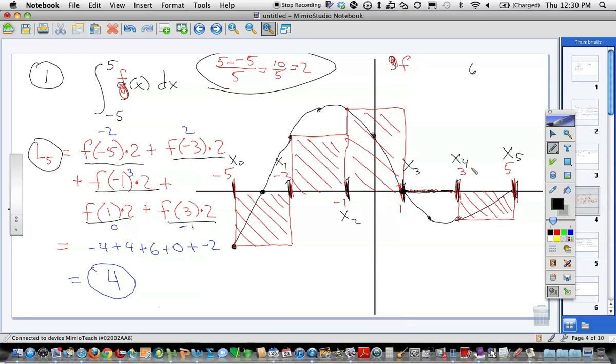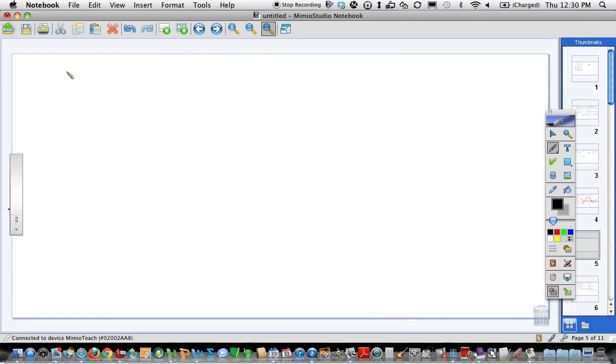All right, now let's go to number 7 on your homework. Number 7 said the integral of f of x dx, and they wanted you to do 3 right rectangles, correct? As I went around, it looked like some of you had pictures drawn for 7 and 10, but you didn't have to.